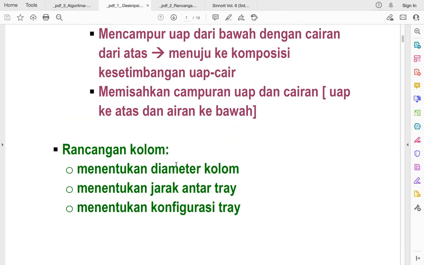The tray spacing, for example, can be 30 centimeters, 60 centimeters, 90 centimeters, or sometimes 75 centimeters for the basic. And also the tray configuration. There are a number of tray configurations to make sure that the liquid can flow from the top to the bottom, and the vapor can rise up from the boiler below.